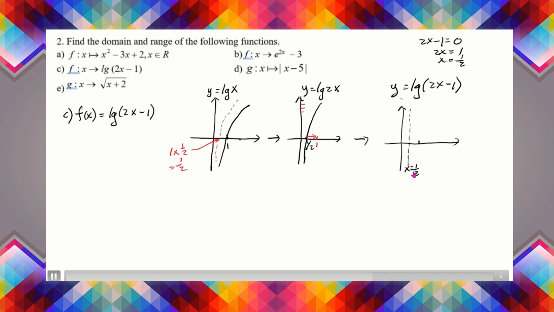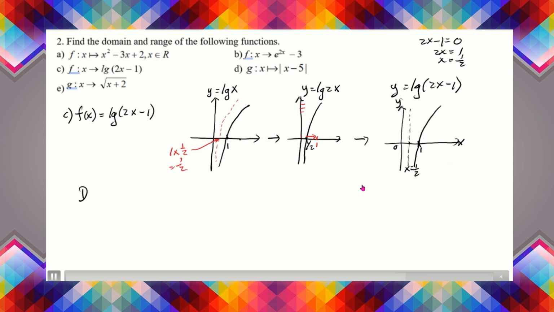So x equals 1 over 2 is the vertical asymptote. After shifting, the curve comes to the right, and the intercept here becomes 1. So now this is the curve for the logarithm of 2x minus 1.